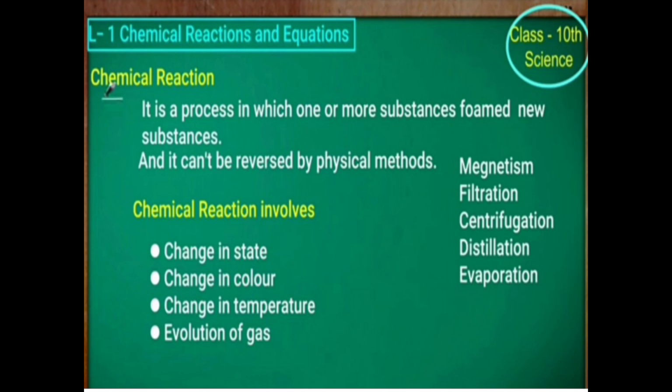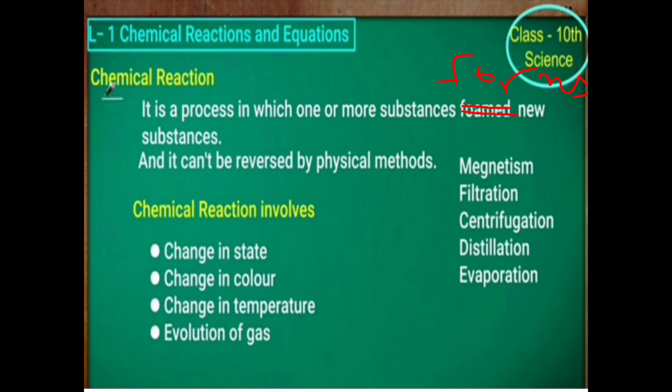What is chemical reaction? Chemical reaction is a process in which one or more substances form new substances.